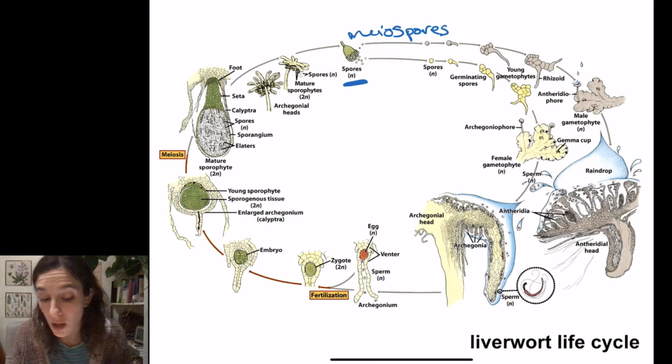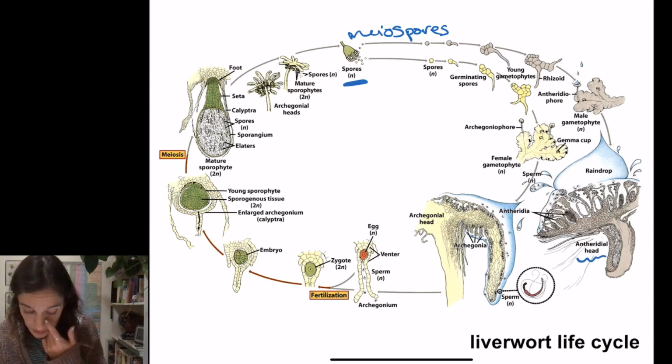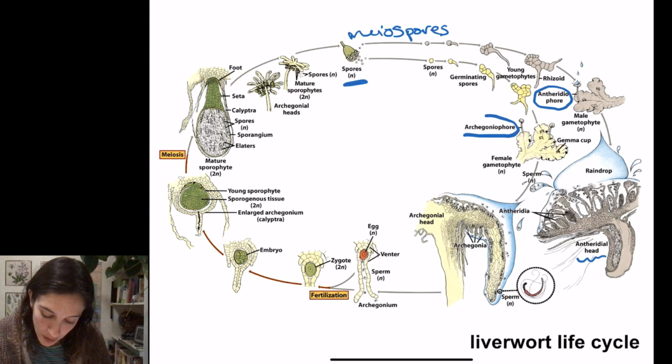In this diagram, they've colored them either cream or gray, but they look the same until they start producing their gametangiophores. So they're either going to produce an antheridiophore, and that's how you know it's a male gametophyte, or an archegoniophore, and that's how you know it's a female gametophyte.